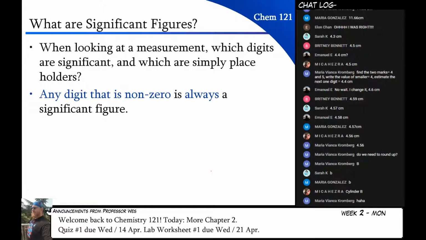Now, for any digit that's non-zero, if you are given a value and you see non-zero digits in there, count them as significant. So this number here, I would say, these are all significant, which I'm going to abbreviate as SF, and there are 4 of them.